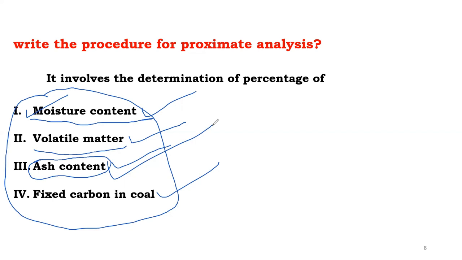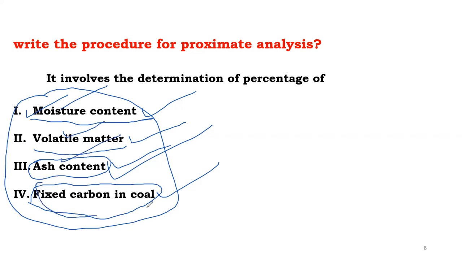So the fourth one is fixed carbon in a coal. Fixed carbon means how much amount of carbon is present in a coal. This is the actual content which we require in the coal sample. So moisture will be an impurity, volatile matter will be an impurity, ash will be an impurity.